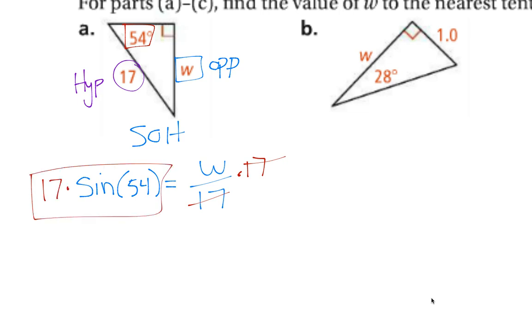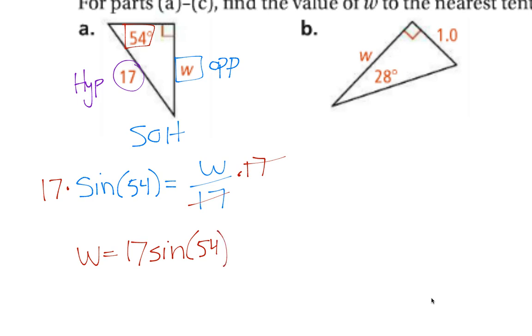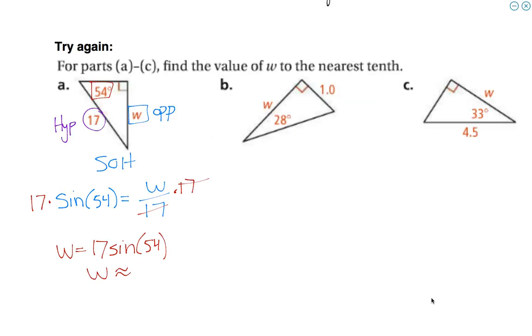So W equals 17 times sine of 54. So W is about, this says round to the nearest tenth. So 17, you don't even have to put the times symbol in, just type in 17, then put sine right after it. 13.8.